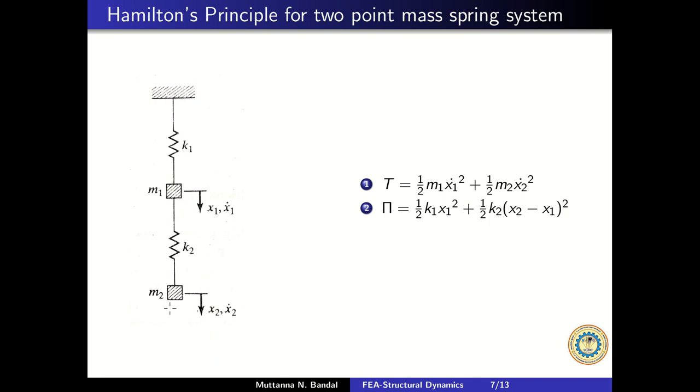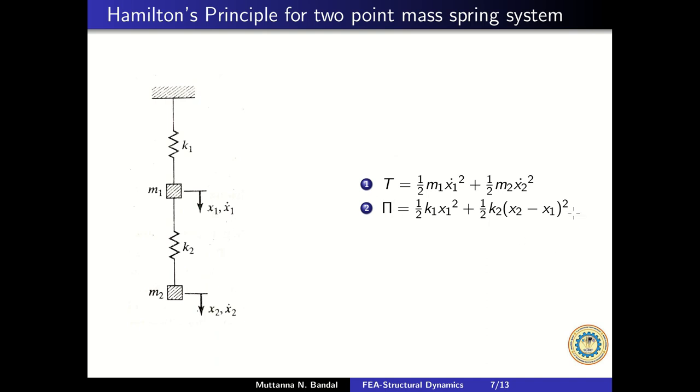Similarly, x2 is the displacement for mass 2, x2 dot is the velocity for the mass m2, and k1 and k2 are the spring stiffnesses. Now the kinetic energy T for the given system can be written as 1 by 2 m1 x1 dot square, since kinetic energy is given by half mv square, where x1 dot is the velocity of the mass m1, plus the kinetic energy of m2, half m2 x2 dot square.